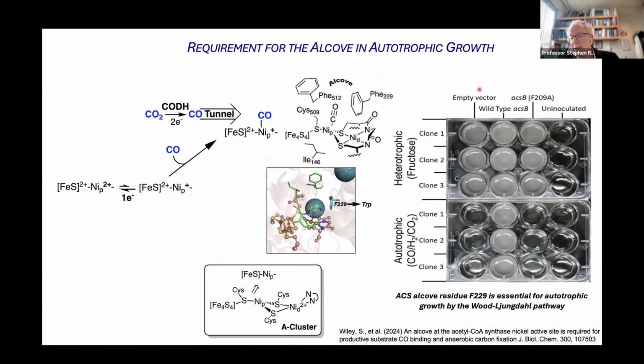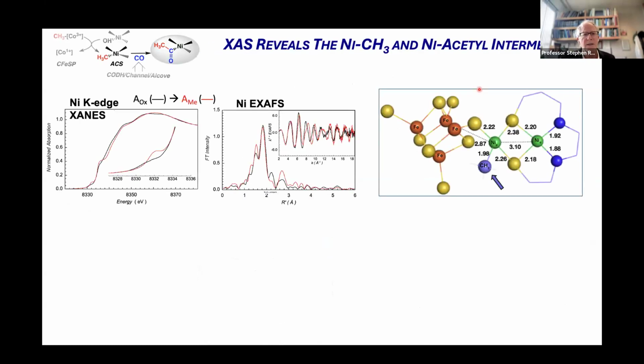And what we find surprisingly is that if that alcove residue is mutated to alanine, we have no autotrophic growth by the Wood-Ljungdahl pathway. So we've been doing studies to try to understand more about the function of this alcove, perhaps mainly to concentrate carbon monoxide near the active site, given our effects on the binding constant.